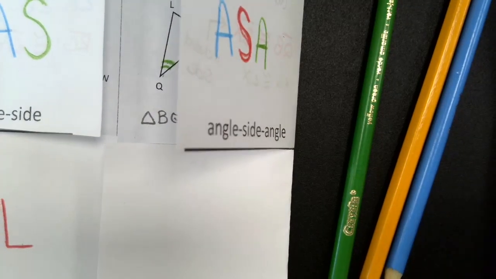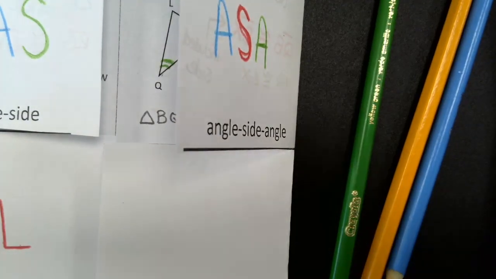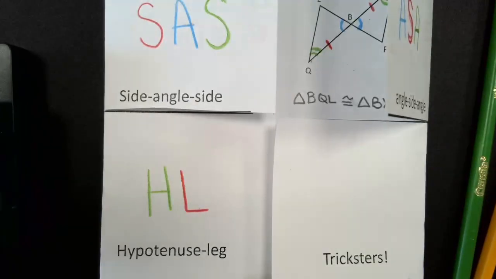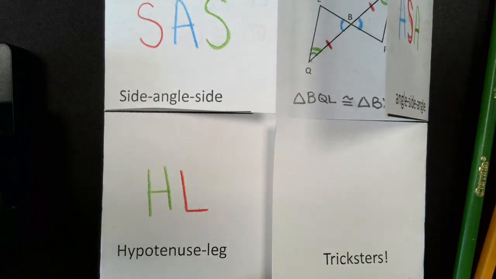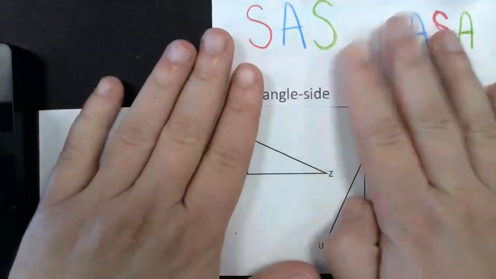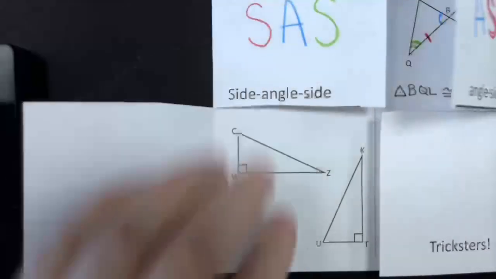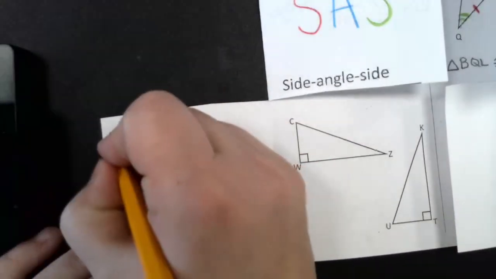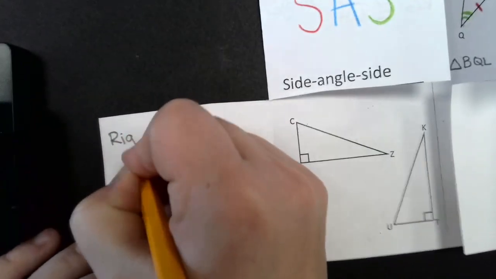Okay, so a couple of things about hypotenuse leg. Hypotenuse leg. When do we see a hypotenuse and a leg? What kind of triangles are we working with? Right. So this is right triangles only.